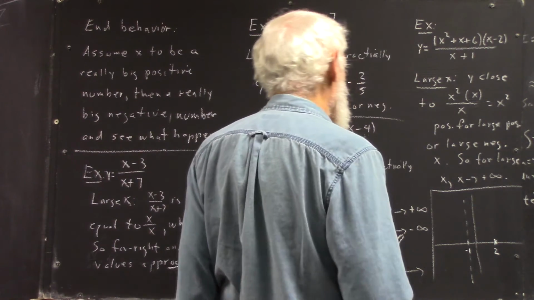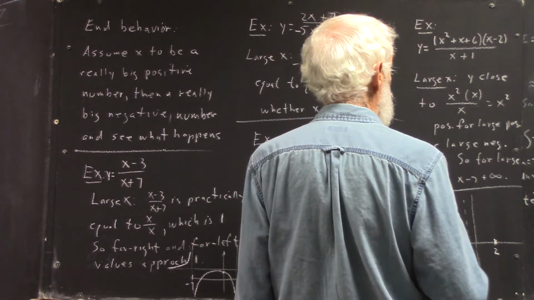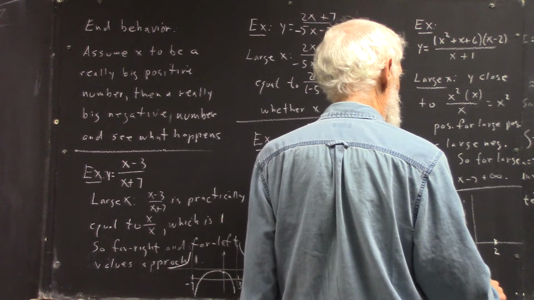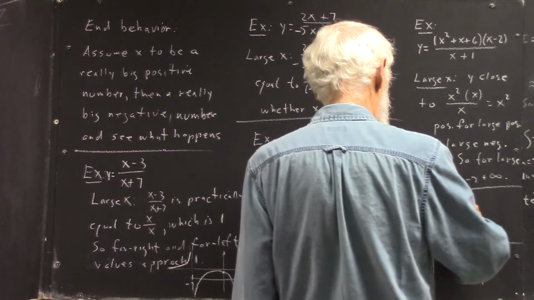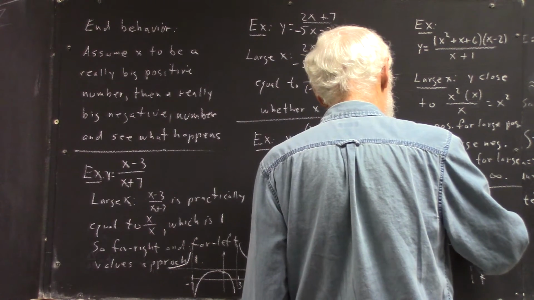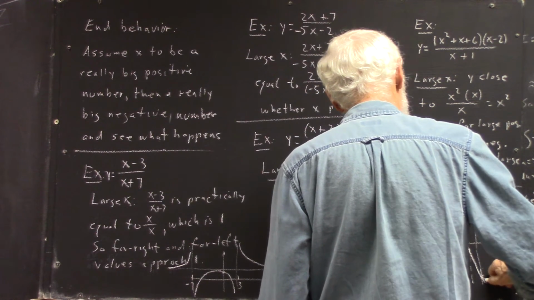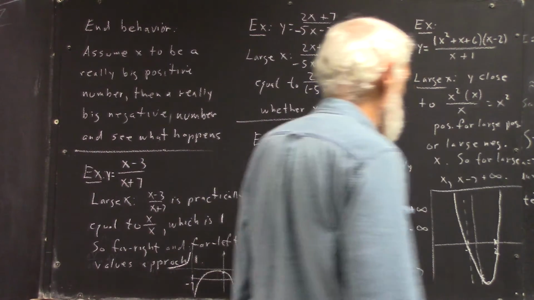So you just check out your signs and so forth, and also your y-intercept, which in this case would be -12, down here, and I'm not going to label it. So you've got to come down here from very large positive values, and then maybe through here. It'll look a lot like that.